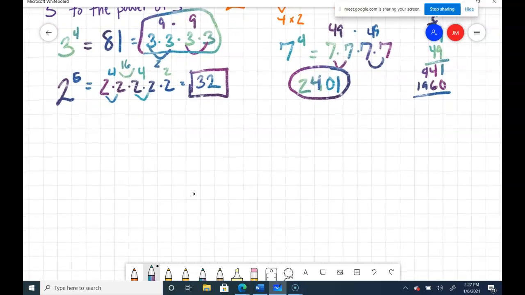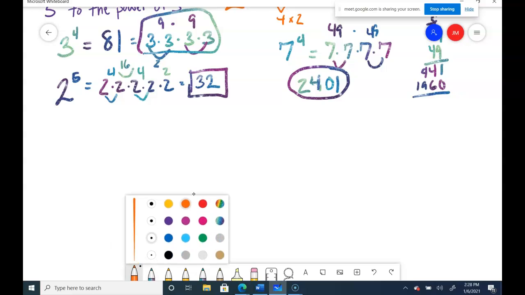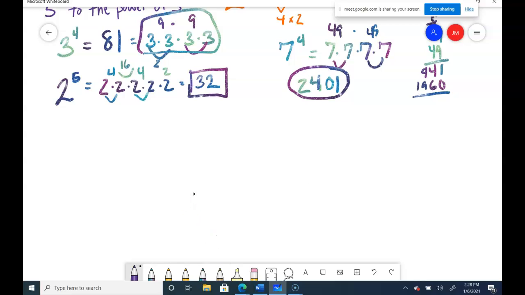No questions? Okay. Now we're going to look at these in terms of order of operations. If we're using the order of operations and we have 2 plus 3 squared minus 6, we don't have parentheses, so we're going to do exponents first.